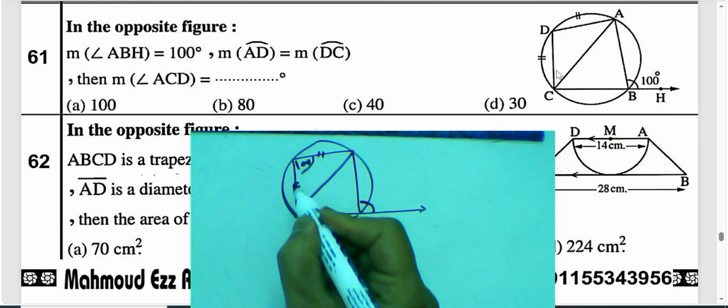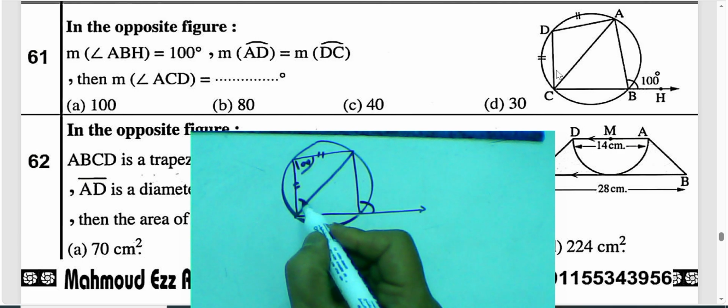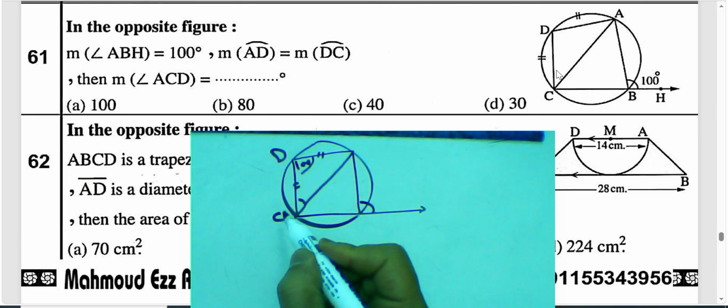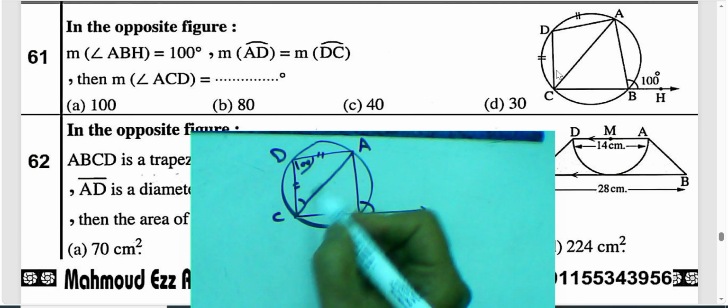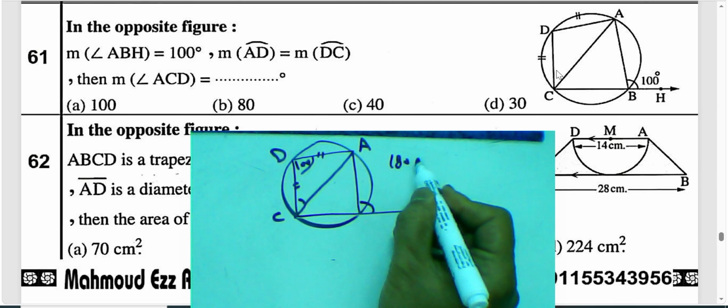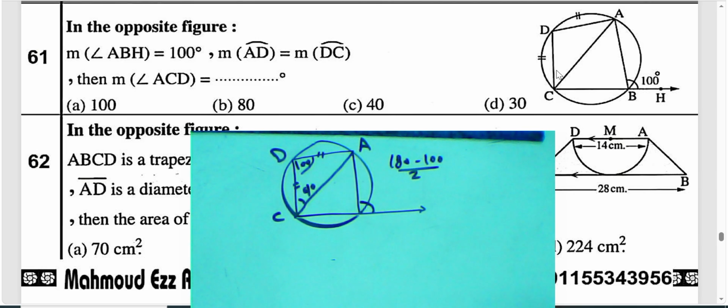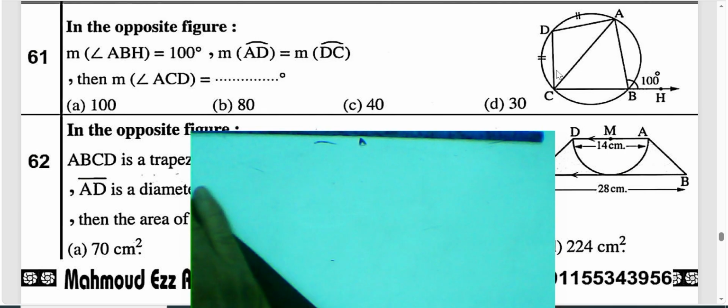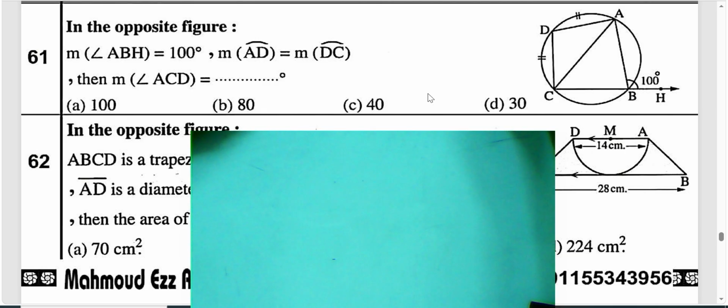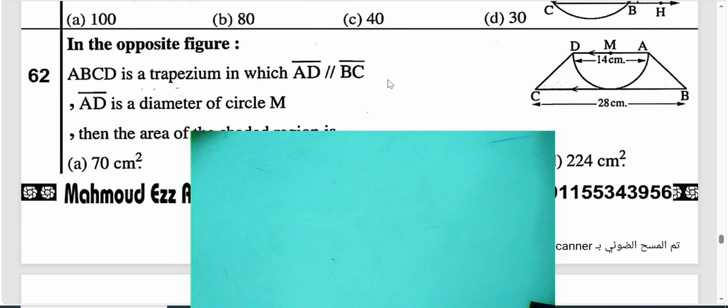We have an isosceles triangle, then the measure of angle DCA, or ACD, equals 180 subtract 100, divided by 2. The result will be 40 degrees. ACD will be 40 degrees. Choose letter C.